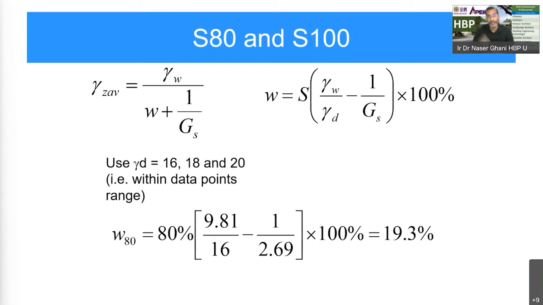But that one will be in a separate discussion on that matter, because the location of this 80% and 100% line can give some indication on whether the test that we have carried out is supposed to represent the actual condition of the soil, or there are some errors. That discussion I will include in the reading material.